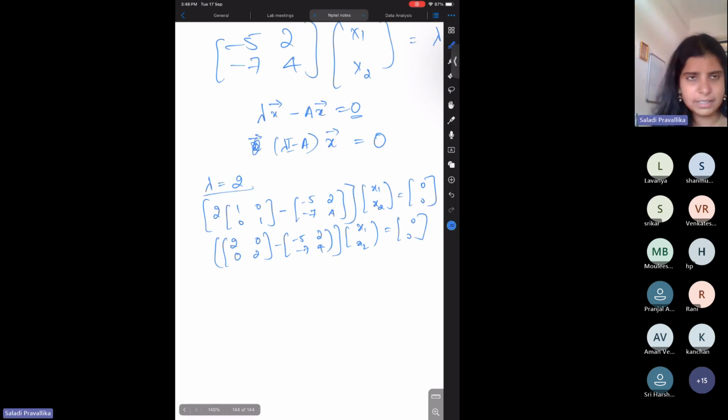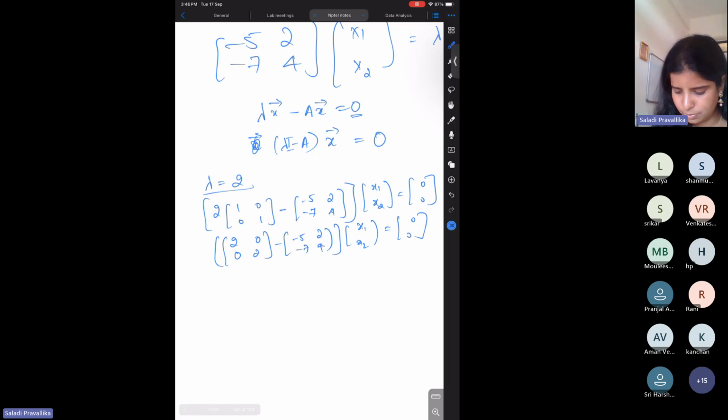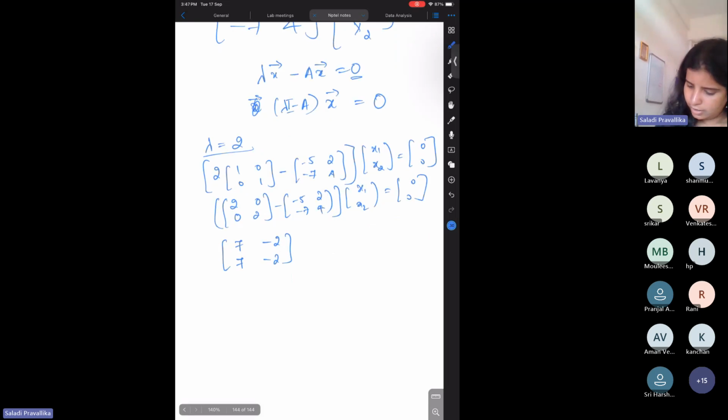And then minus of minus is plus, and 5 plus 2 is 7. And then 0 minus 2 is minus 2. 0 minus of minus 7 is plus 7. And 2 minus 4 is minus 2. Right? And then we have x1 and x2, and that is equal to 0 and 0.